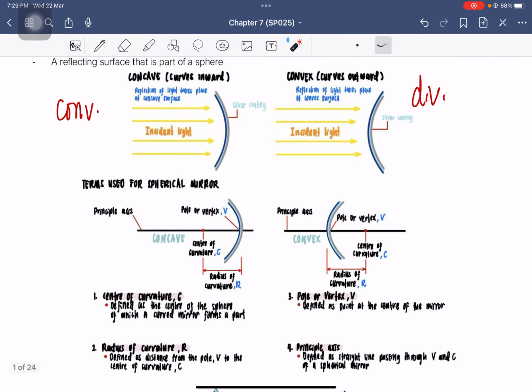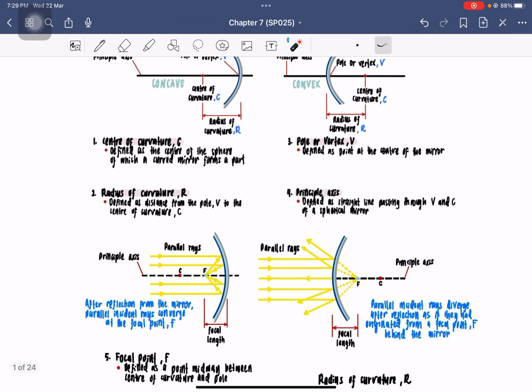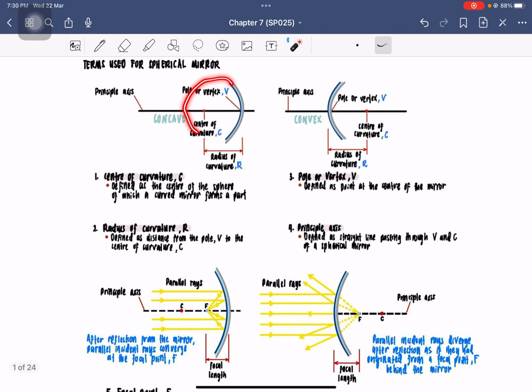Right, so these are some of the terms used for spherical mirrors. There are 6 of them, and the first one is the center of curvature, which is the center of the sphere. This mirror here is actually part of a sphere, and the middle of it is known as the center of curvature. Next, we have the radius of curvature, which is just the distance from the pole up to the center of curvature.